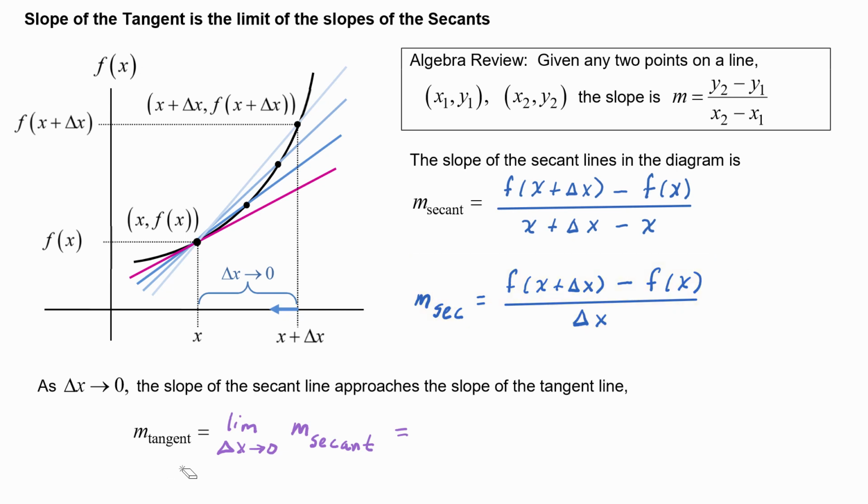So then the slope of the tangent line is equal to the limit as delta x goes to 0 of the quantity f of x plus delta x minus f of x divided by delta x.